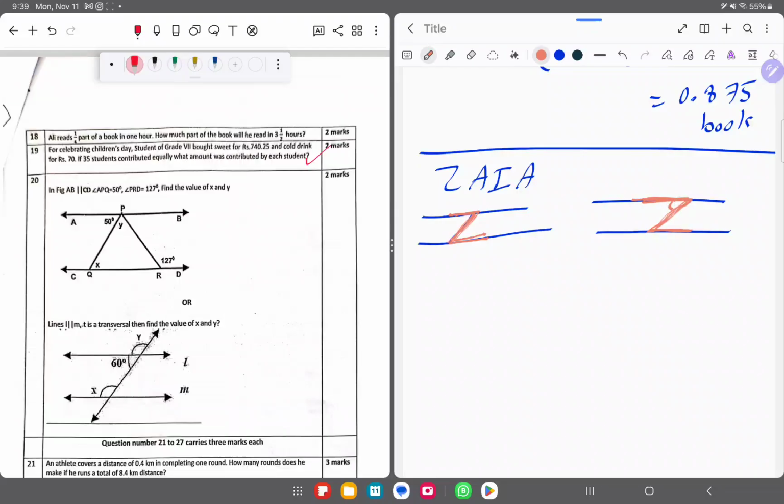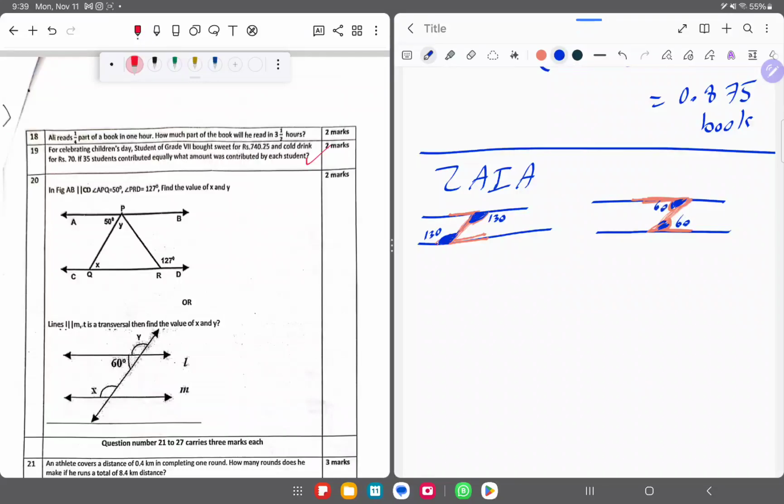So this is the first one here, and this is the second one here. These angles, I'm going to color them in blue. These angles here, see them? These are equal. If this is 130, automatically this one is 130. If this one is 60, automatically this one is 60.